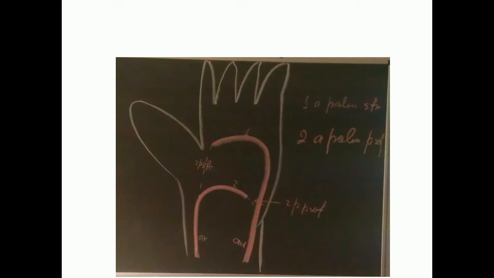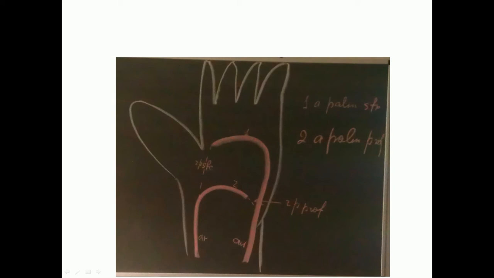First of all, we can understand that there are 2 arterial arcs here, number 1 and number 2. They are designated by abbreviation, not arteria, but arcus palmaris superficialis, and number 2, arcus palmaris profundus.